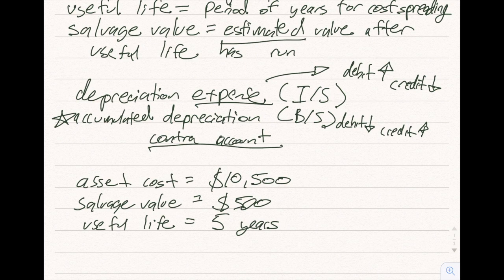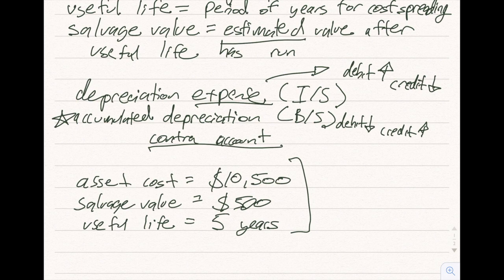If you're given a problem and you have to figure out depreciation expense and accumulated depreciation, you need these 3 pieces of information. And sometimes for those of you taking a college accounting course, what you'll see is you'll be given actually the depreciation expense and the accumulated depreciation, and maybe one of these 3 will be missing. And then you sort of have to, it's just like an algebra problem to actually figure out, well, what's the salvage value or what's the asset cost, okay?